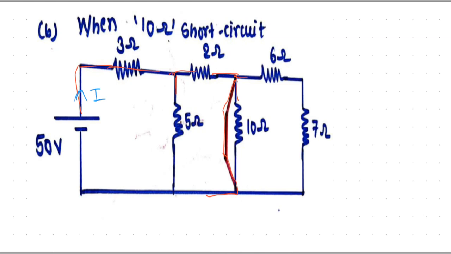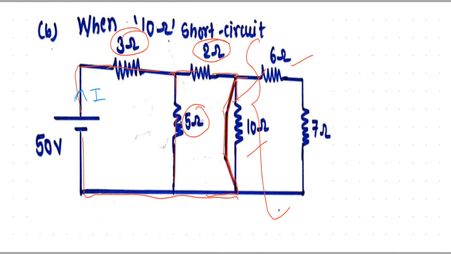It will not go in these particular branches. Then it will return to negative. So this will be the whole path of the current. Now from this you can say that 2 ohm is in parallel with 5 ohm, in series with 3 ohm. We are not considering any of these three resistors in calculation.